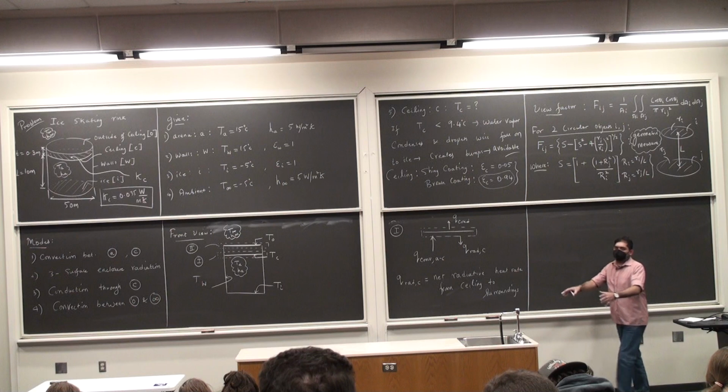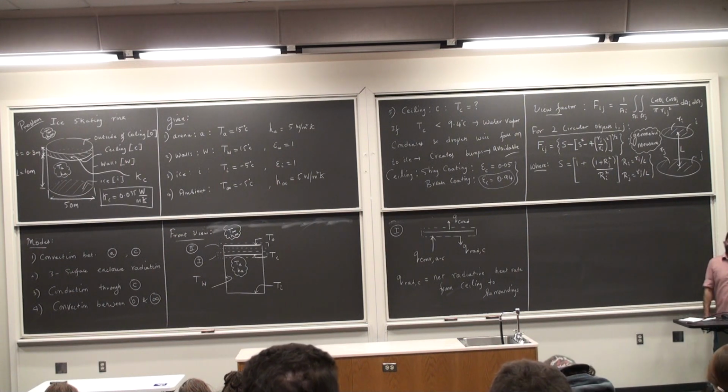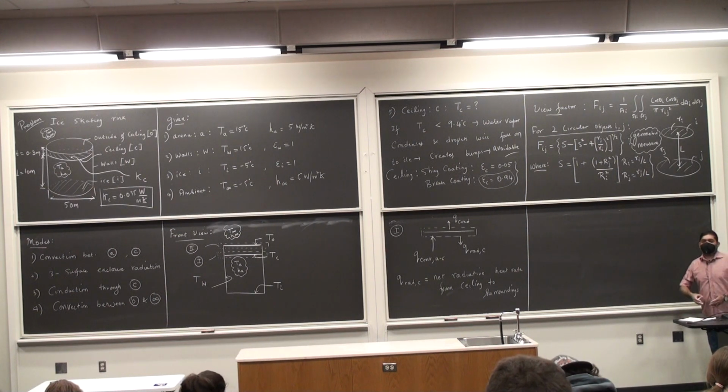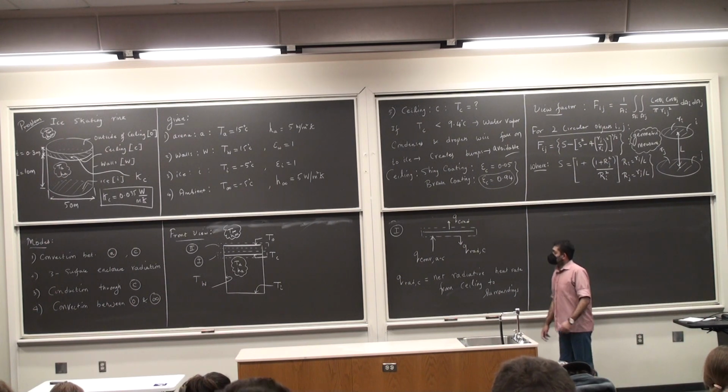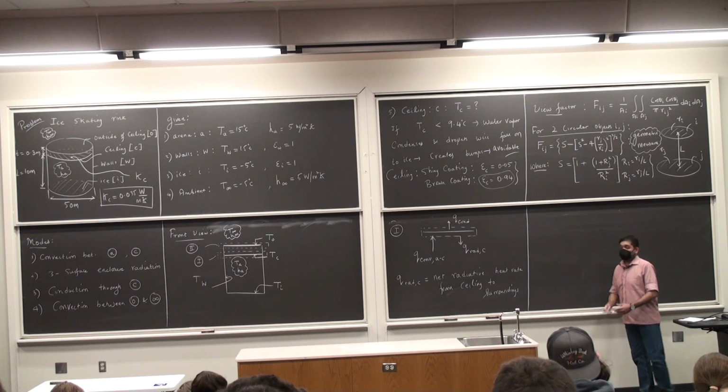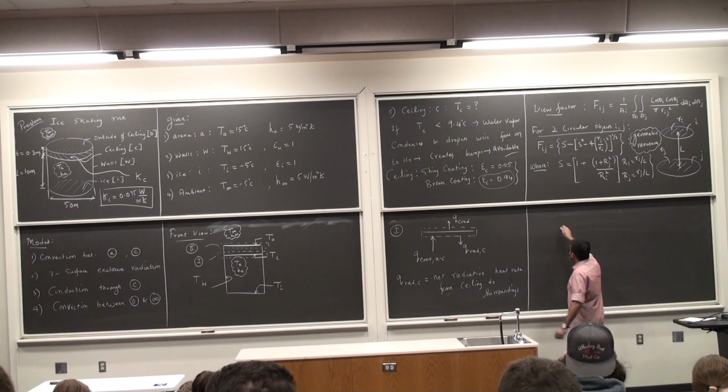Out of this, some portion will go to the ice, some portion will go to the walls, and that's decided by the view factors that we have. So this is it for surface 1. I'll draw something for surface 2 as well.